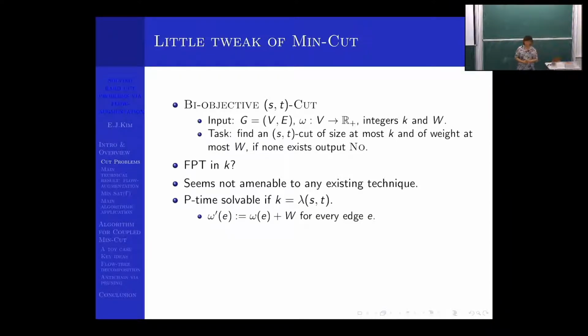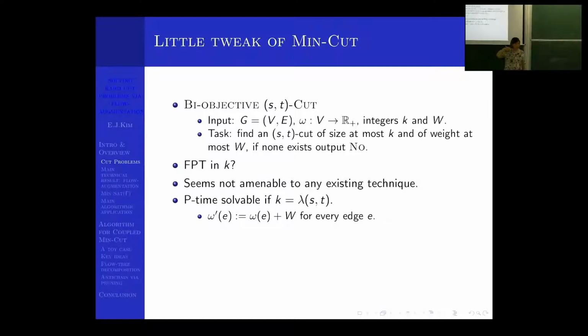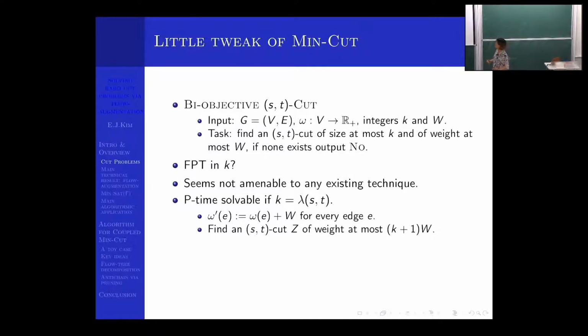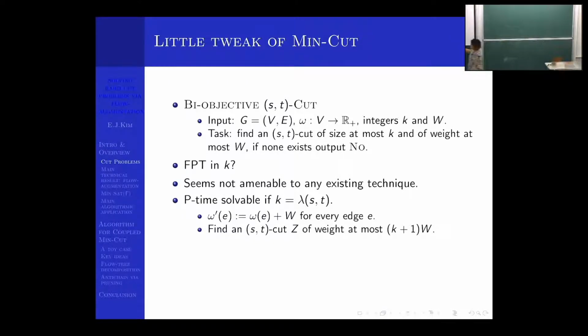So how? You just update the weight by adding this big constant W, which is the upper bound, the budget for the weight sum. And now you run the minimum weighted min cut algorithm to answer whether there is an ST cut of weight at most k plus 1 times W. Any cut which uses more than k edges will never qualify as such a cut.